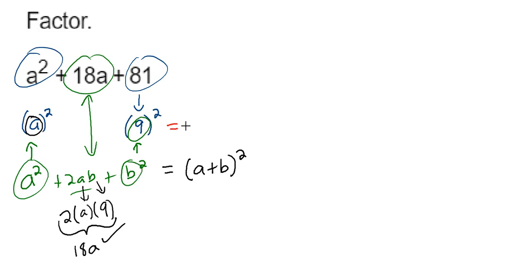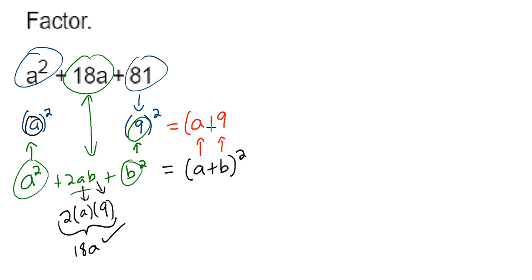So in our problem, instead of a, I know it sounds a little weird for me to say it that way, but it makes sense in most other cases. Instead of a, we have a, right? We're using the same letter in our problem. And instead of b, we have 9. So we make the same changes over here that we see happening between our problem and the formula.